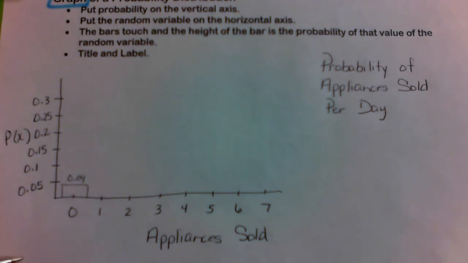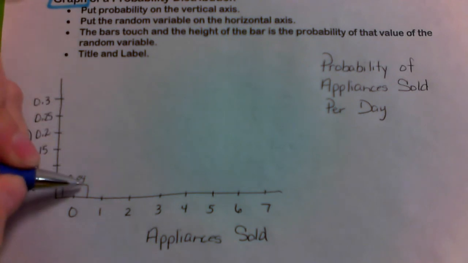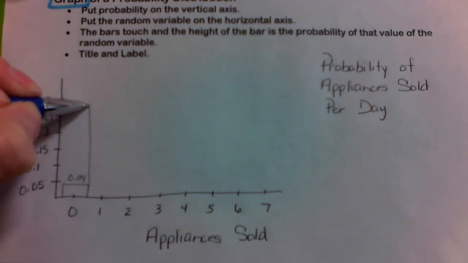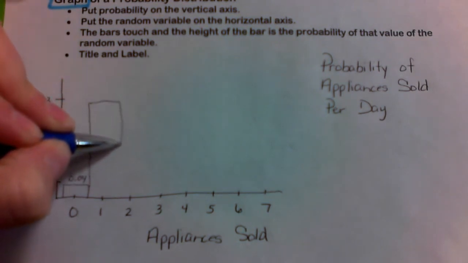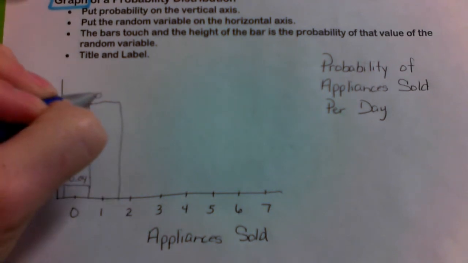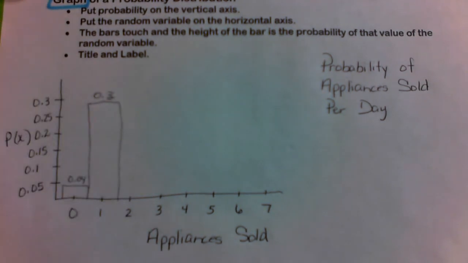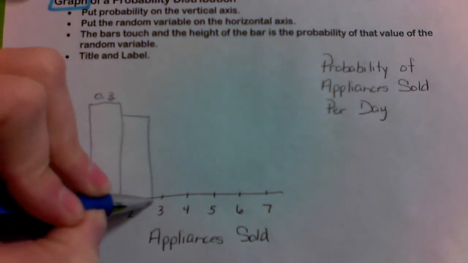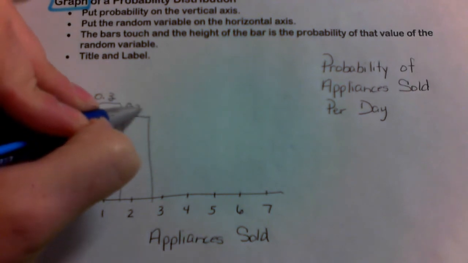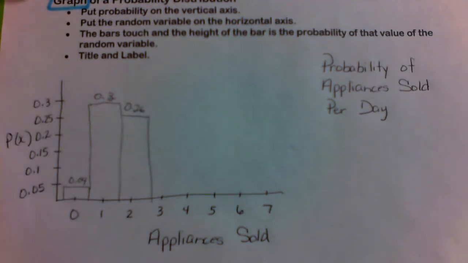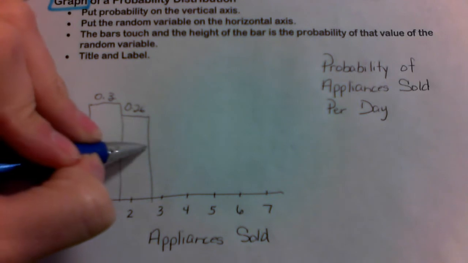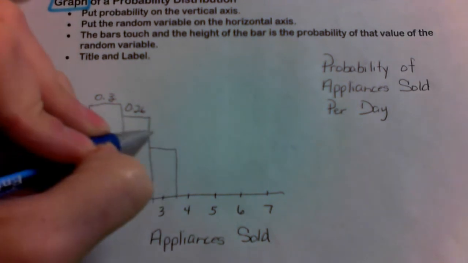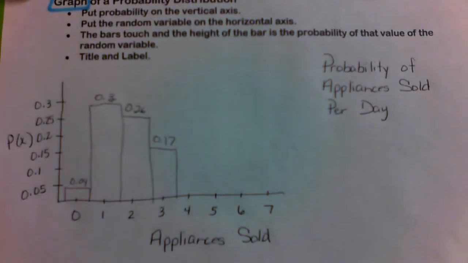That would be graphing 0.03. Up here is 0.3. 0.3 is 0.30. I've seen students accidentally do that. And then we have 0.26, 0.17, 0.12.